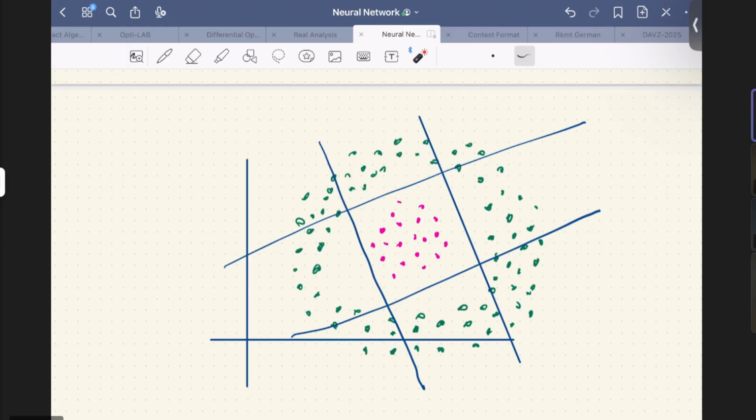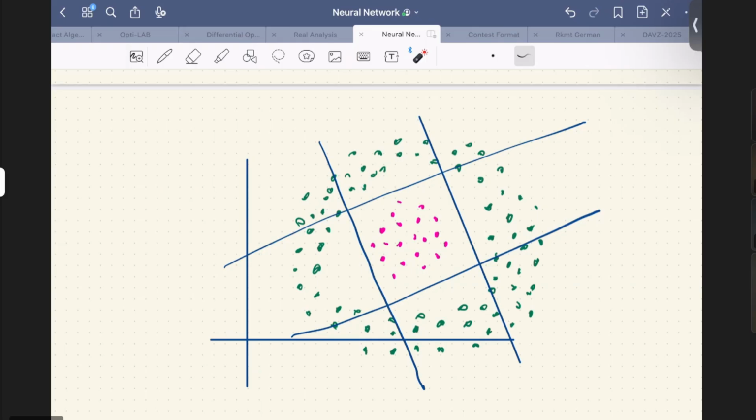So what is the number of neurons now? My fundamental question is how many minimum neurons are required to develop this. Minimum four neurons, sir, because of four lines.